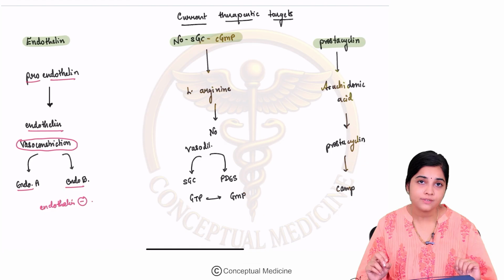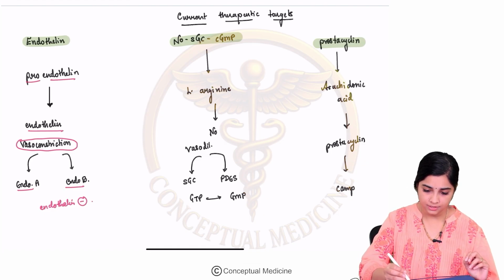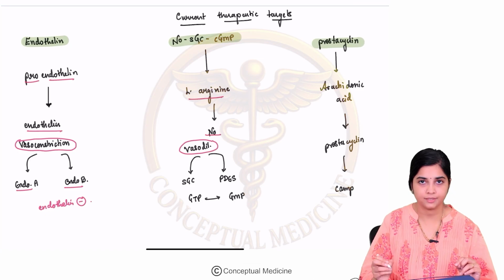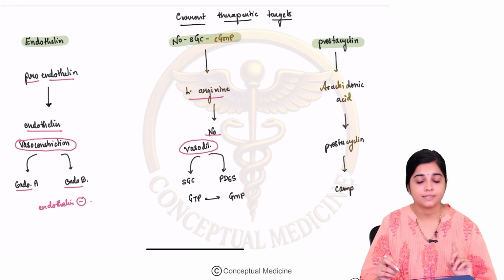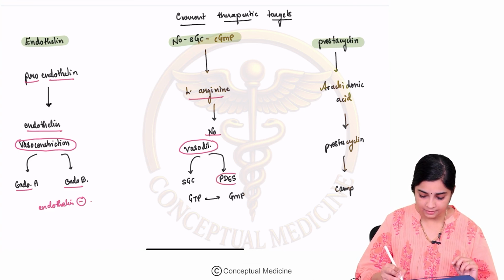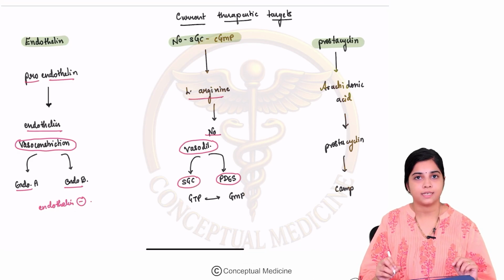Next, the nitric oxide cyclic GMP pathway. L-arginine is converted into nitric oxide, and we know that nitric oxide has a vasodilatory effect. This acts via PDE5 and via soluble guanylate cyclase.